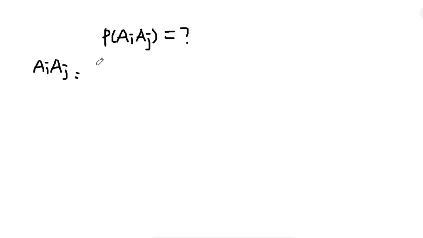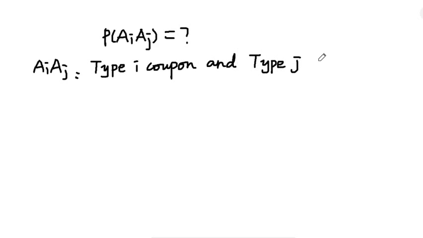That means type I coupon and type J coupon are collected, right, among those K collected.